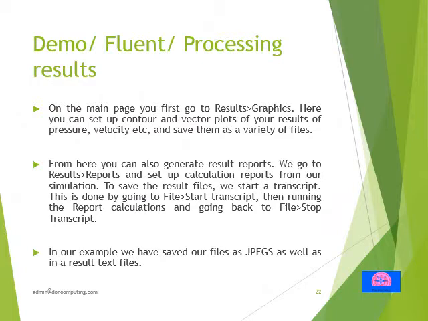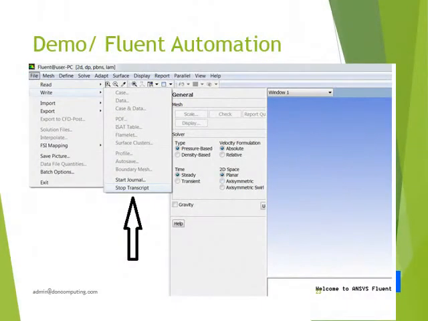After solving, you can show results and then save a contour of pressure, for example. Save the JPEG. Also then report mass flow rate as text results, for example. We will need these files. Stop and save the journal files of Fluent.